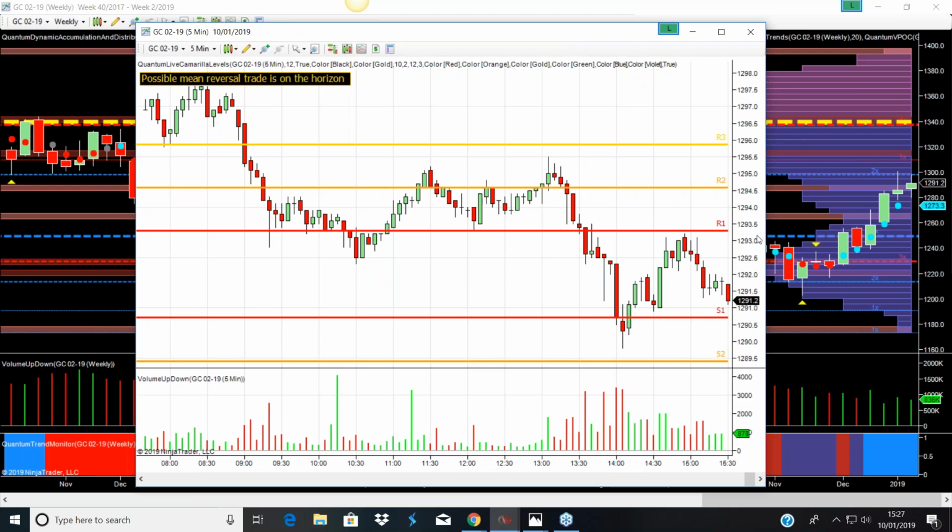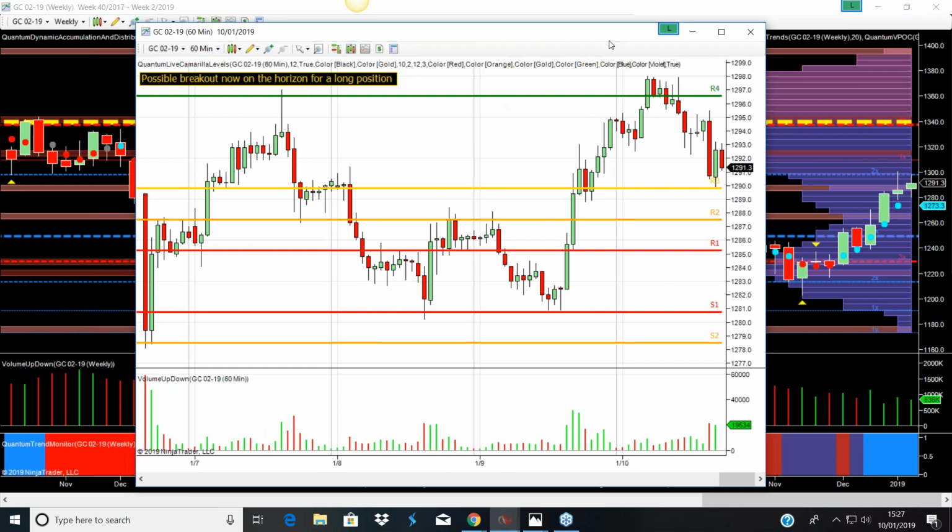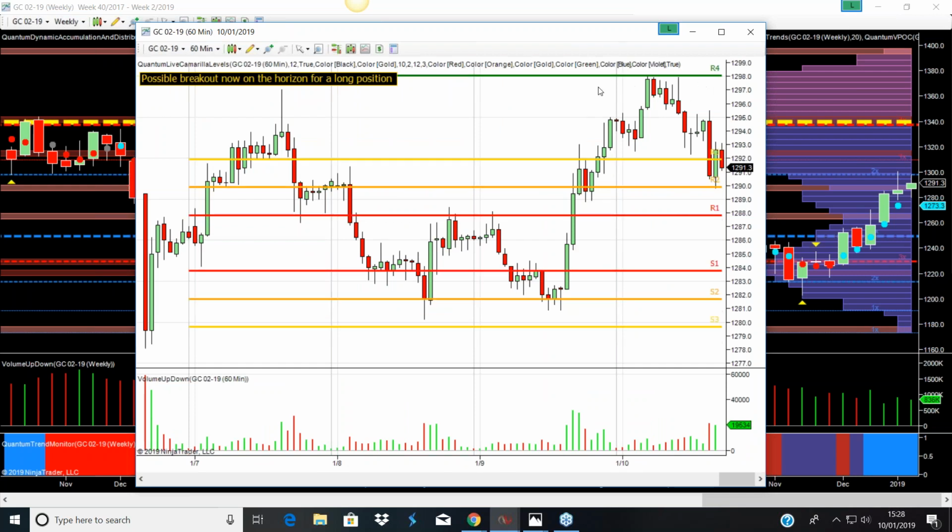What you can do is, if you wanted to take a trade to the long side, for example, on the faster time frames, by going up to the 60-minute chart, what it tells you is that it's obviously had this inability to move beyond, as I said, about the 1300. It's actually 1297, 1298.